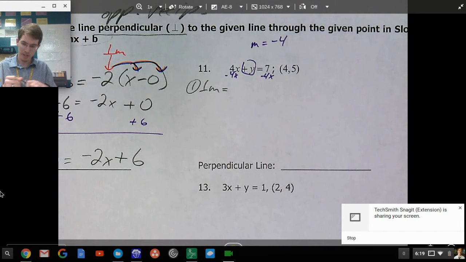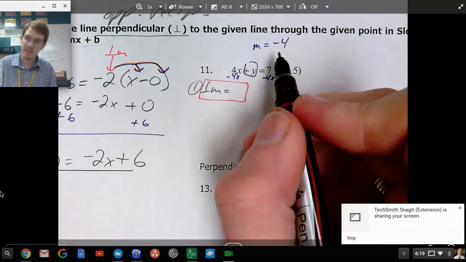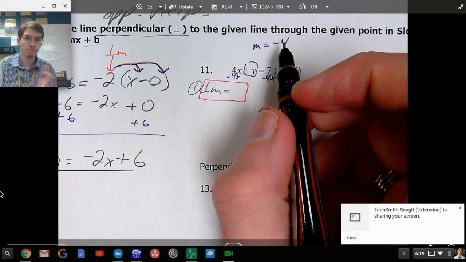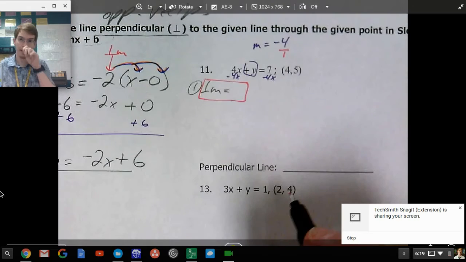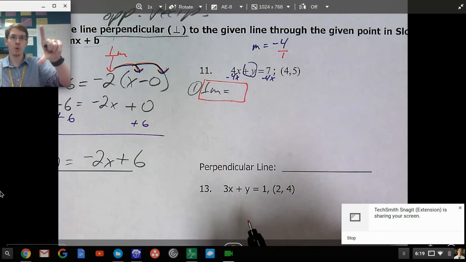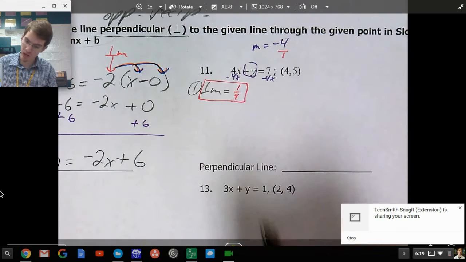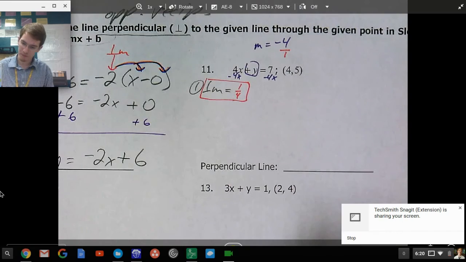So my perpendicular slope is going to be the opposite reciprocal. Opposite, so it's going to be positive. Now, this is over 1, right? I can't flip a 4, but I can take a 4 over 1 and make it a 1 over 4. So a positive 1/4. That's our perpendicular slope.